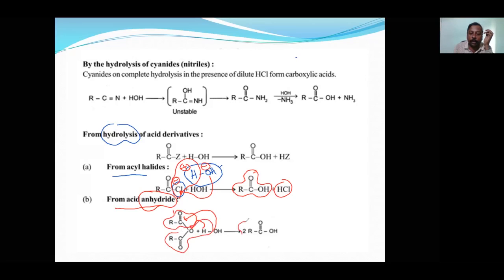So how many moles of RCOOH are produced? 2 moles of RCOOH will be produced. Total 4 acid derivatives are there. Out of them we have studied 2. In the first one we got HCl and carboxylic acid. In the second one we got 2 moles of carboxylic acid only.